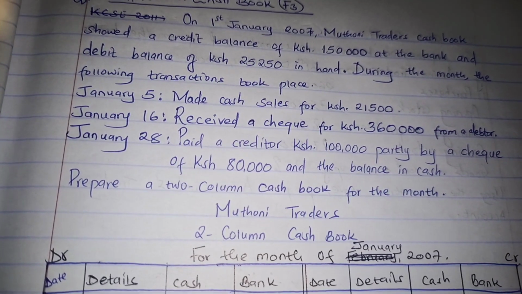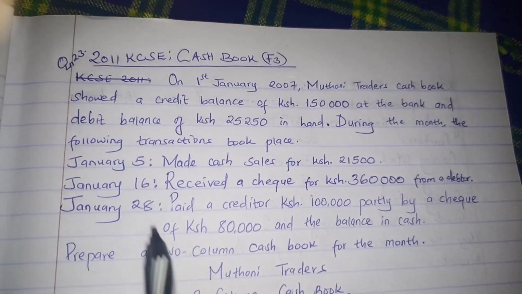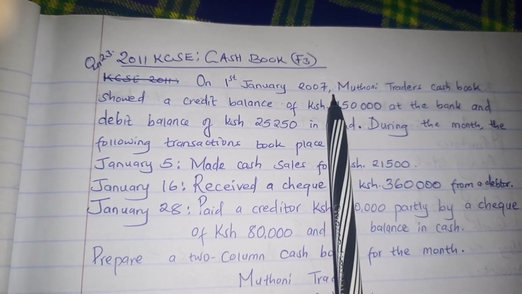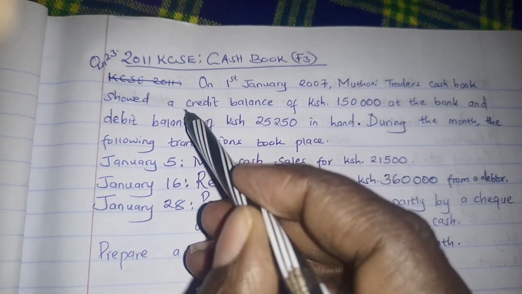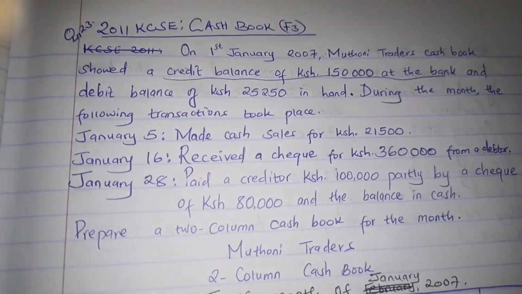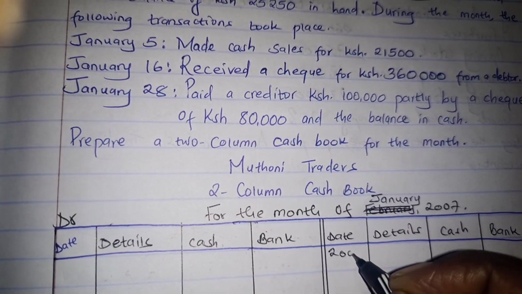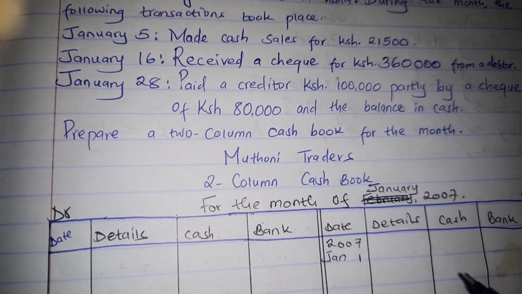So now let's start off to prepare our account. We start with this information here. On the 1st of January 2007, we had a credit balance at the bank, and therefore we start by the year, and the month is January, date 1.